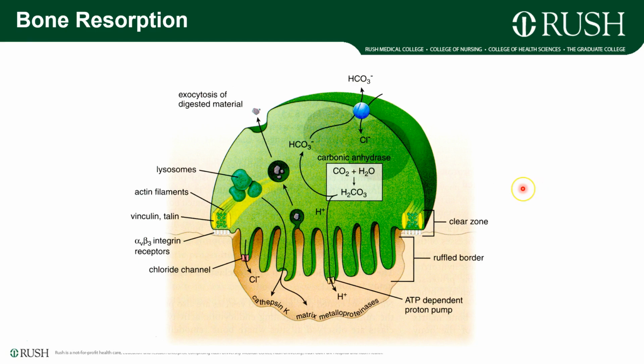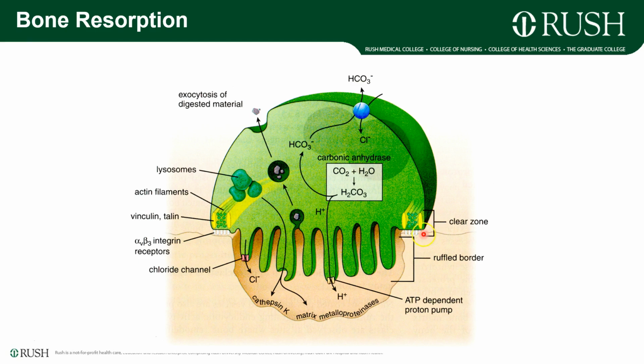So let's talk a little bit about bone resorption, and osteoclasts are responsible for that, and you will hear a lot more in terms of physiology of that in a different self-study. But here I just wanted to show you histologically what we would expect to see. So these osteoclasts are sitting on the surface of the bone, and they attach themselves to the bone by these peripheral areas referred to as clear zones.